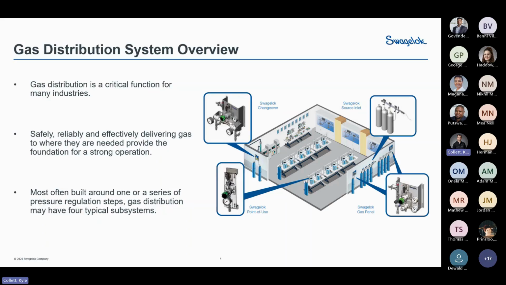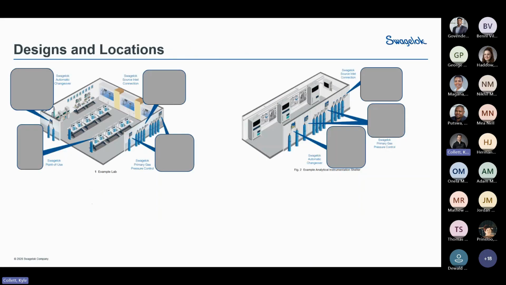Gas distribution systems are often built around one or more of these systems, from supply to control or regulation down to the point of use. If we take a look at some of the design and locations, looking at the systems on your screen, the layout on the left is a typical lab installation, the layout on the right, maybe a container or some form of analyzer shelter.